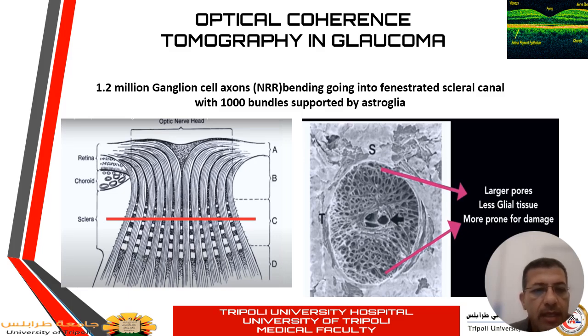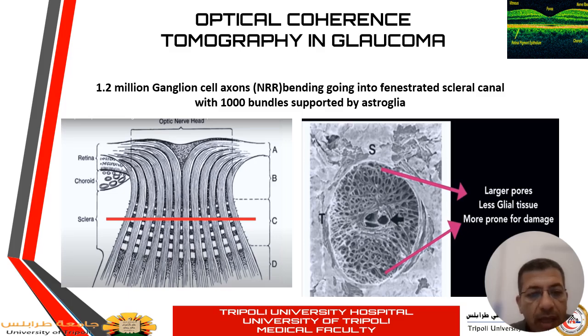You can see that there are four parts of the intraocular part of the optic nerve: the superficial layer facing the eye, that's the area of the optic disc; then the prelaminar part, before the lamina cribrosa, which lies at the level of the choroid; the laminar part, which is at the level of the sclera, that's the lamina cribrosa; and the retrolaminar part that is exiting from the eye.